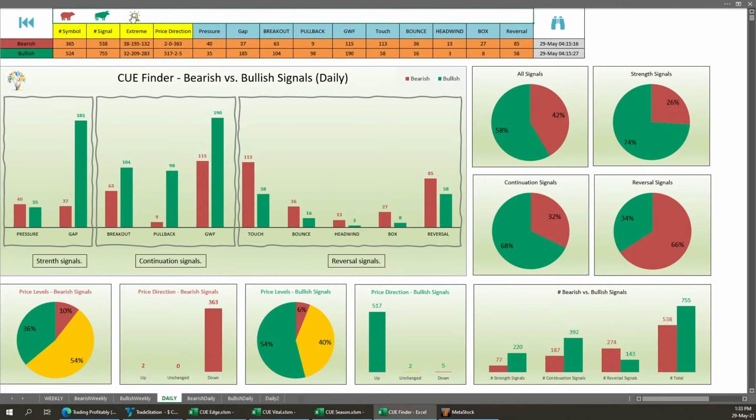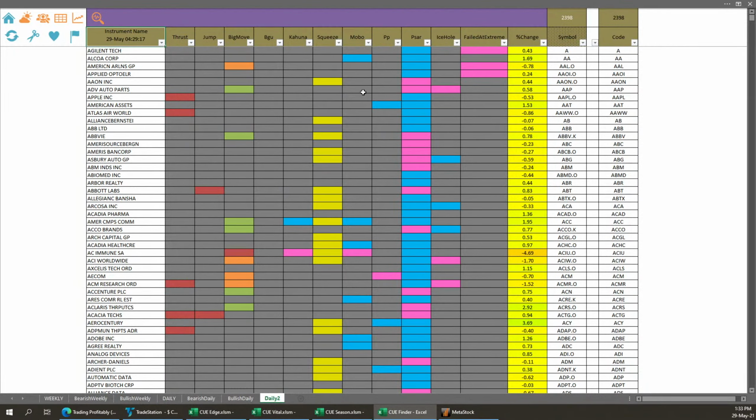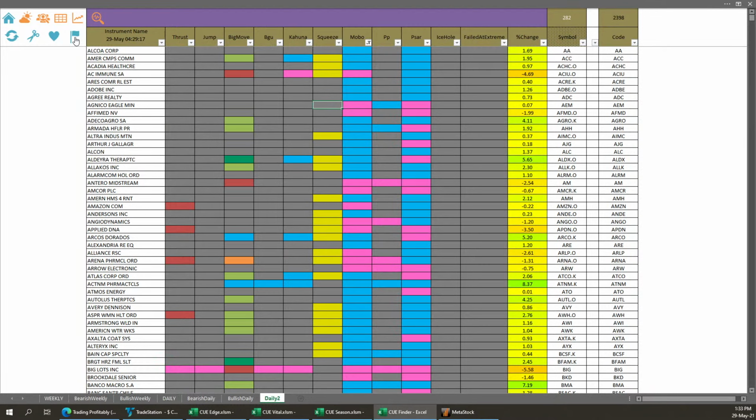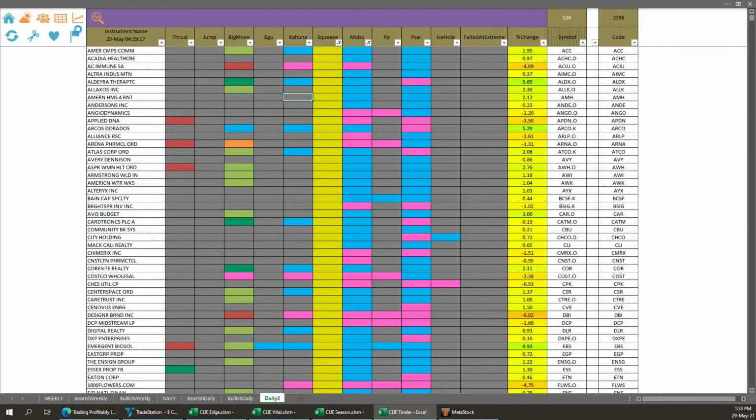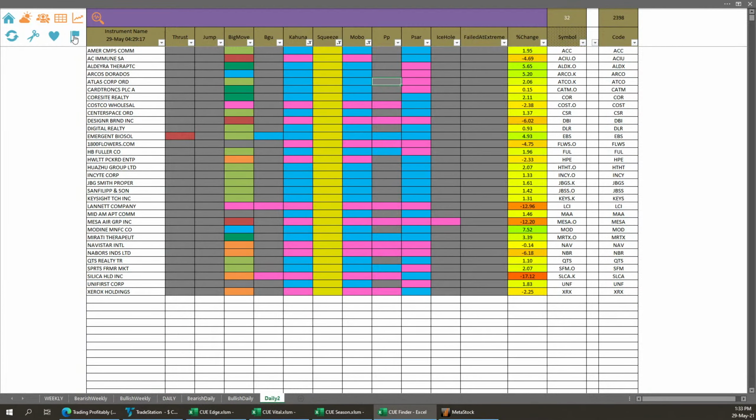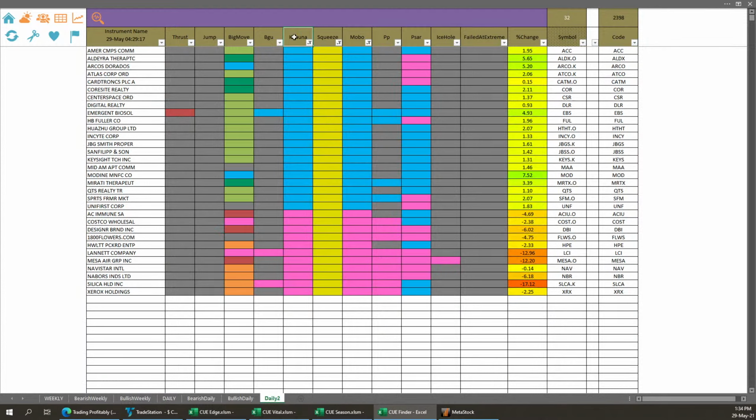So what I wanted to demonstrate, let me take that step now. I'm flagging for mobo breakout from a squeeze with kahuna pocket pivot. Let me not take pocket pivot. I don't want to restrict too much. These are the stocks, and there are 1 2 3 4 stocks with pocket pivot.